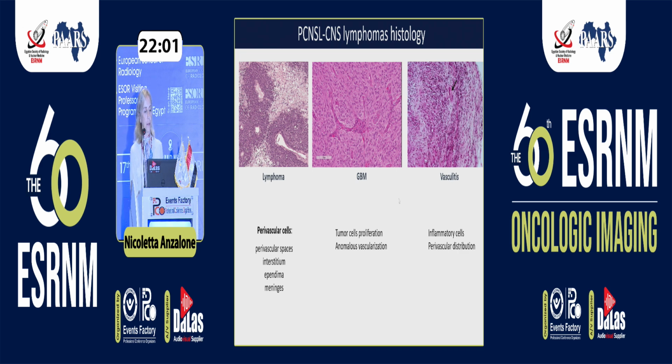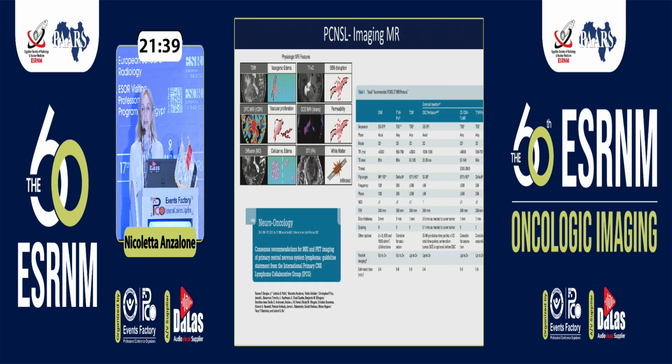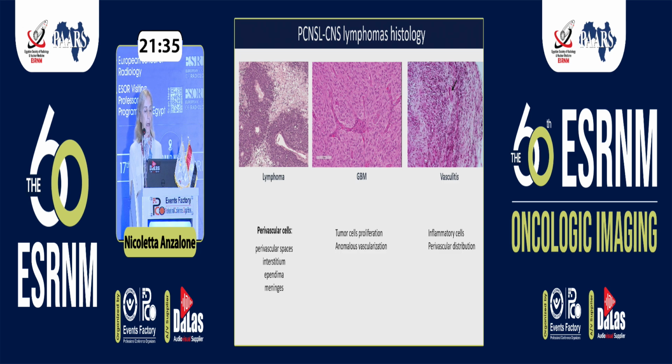If we look at the histology, you may see here that in lymphoma you have almost normal vessels in size, and a lot of tiny cells surrounding the vessels. They interfere with the blood-brain barrier permeability, and they go into the interstitium, the ependyma, the meninges.